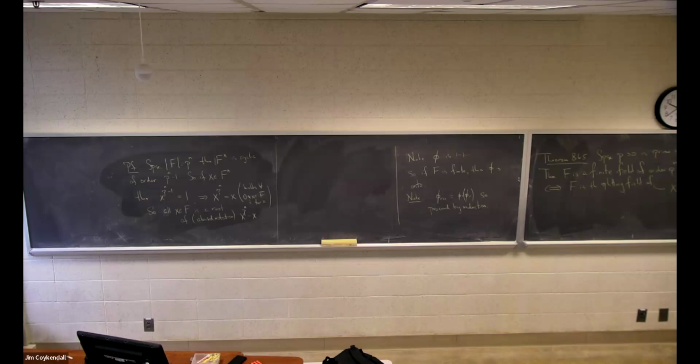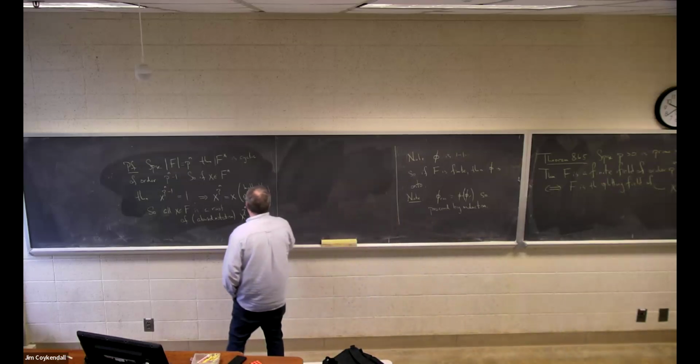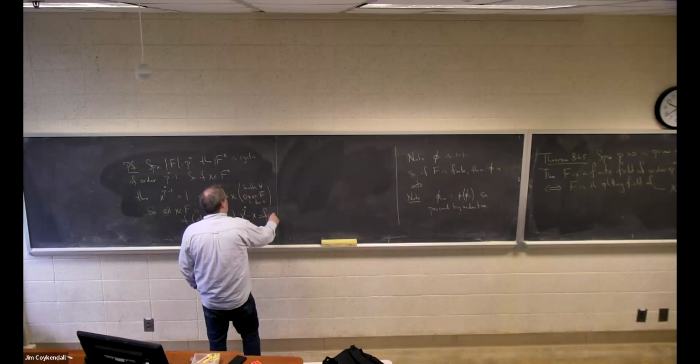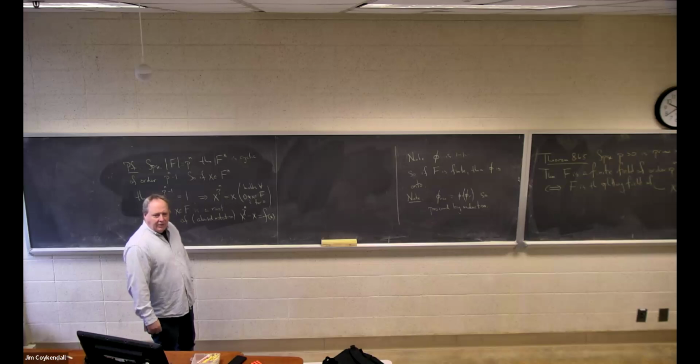So how do I know that the splitting field is smaller? For example, if you go back to my example earlier, x squared minus one, the splitting field of that is the rational numbers, right? But you didn't really need that polynomial. There might be extraneous things. I claim that this polynomial is separable.